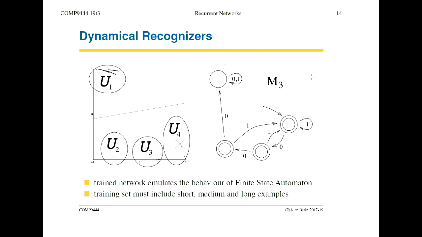And again, this is a finite state machine that implements, or recognizes, that language. This is the start state. Whenever you read a 1, you go back to the start. If you see the first 0, you come to here. The second 0, you come to here.